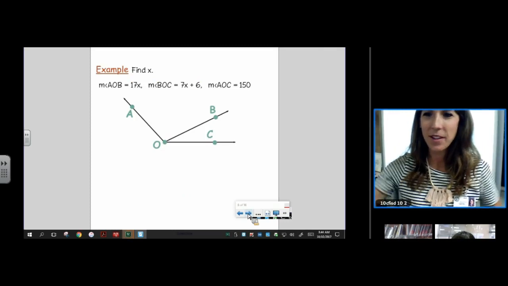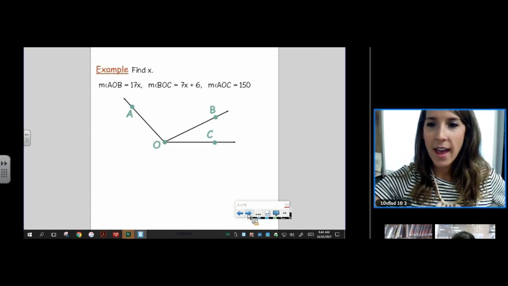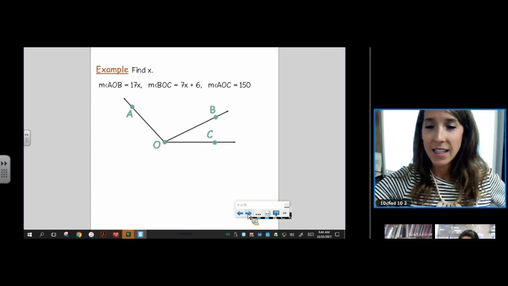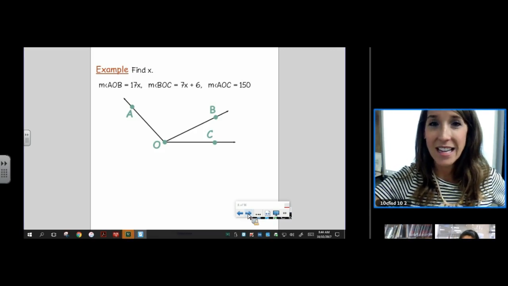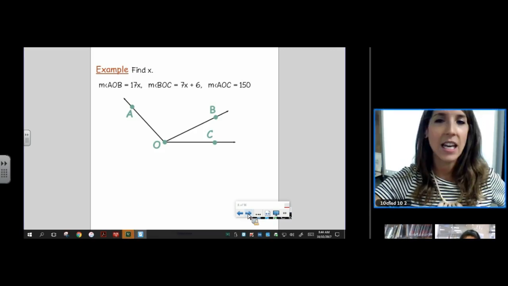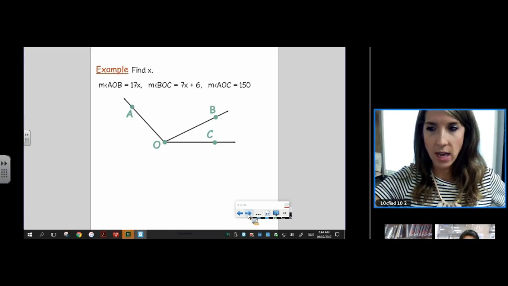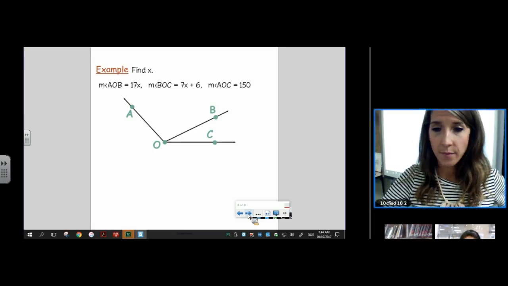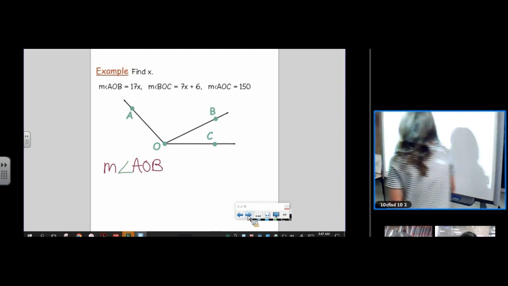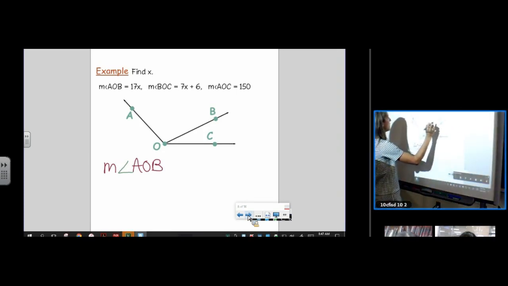Let's try an example. The measure of angle AOB is 17x. The measure of angle BOC is 7x plus 6. And the measure of angle AOC is 150. Find x. Classic angle addition application. I'll let you try it. It's a good idea to get into the habit of labeling your picture.